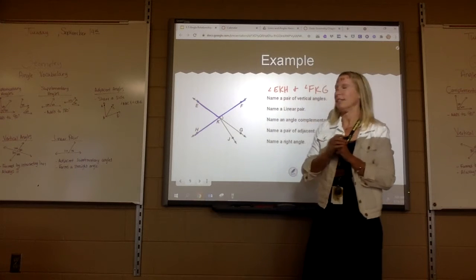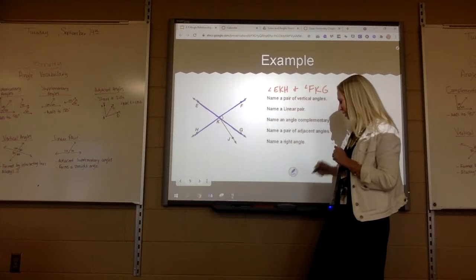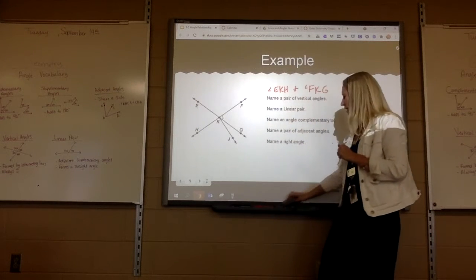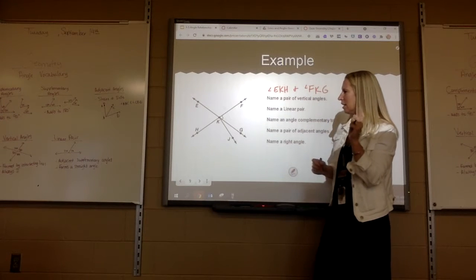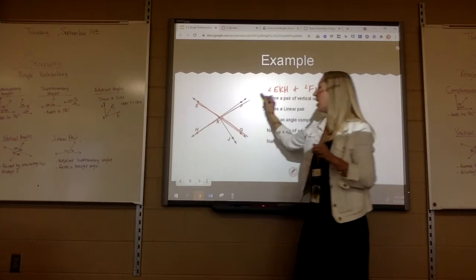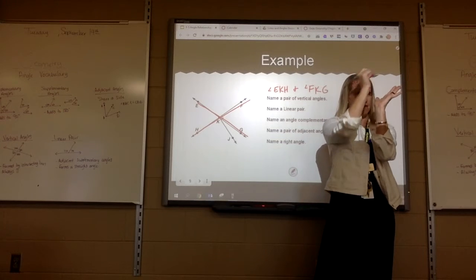HKG, because it has to make that perfect X. Very good. I have people every year that try to name the straight line, like they try to say EKG and HKF are vertical. Those are not vertical. That's just naming the straight line. So you always have to name the V angle.